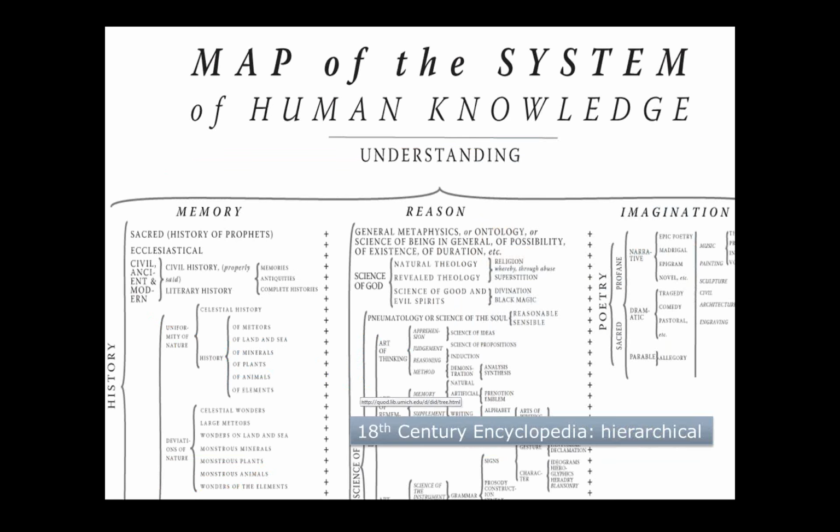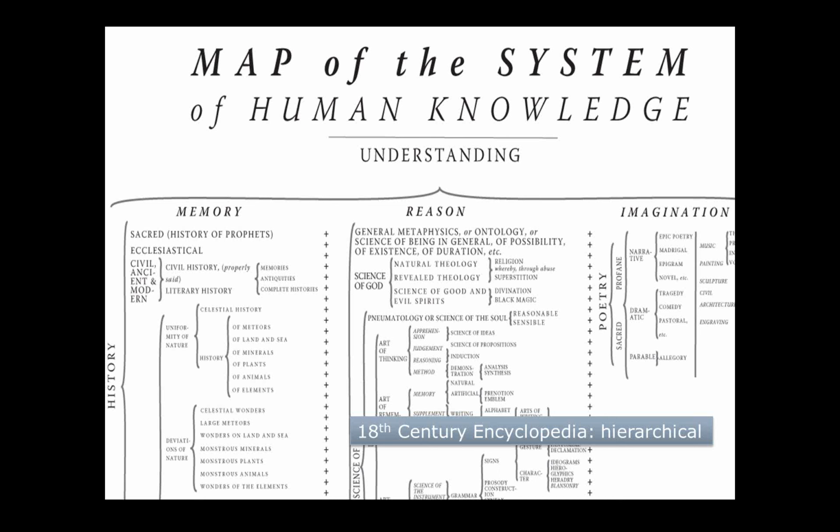So in the last session, we looked at how we have gone as a society and as a civilization from a very top-down hierarchical approach to organizing and accessing information to one that is much more bottom-up. And that's nowhere better exemplified than in what has happened to encyclopedias over the last several centuries.